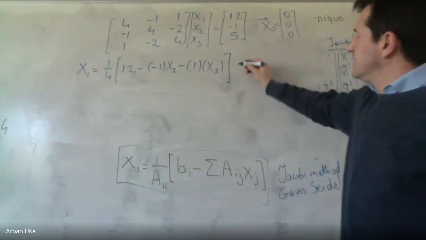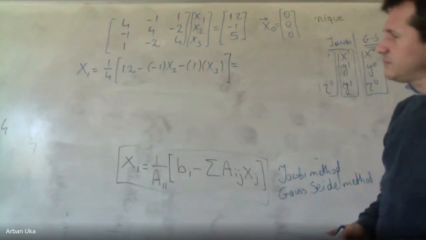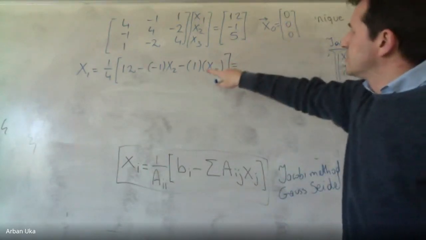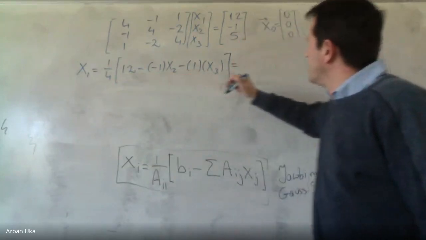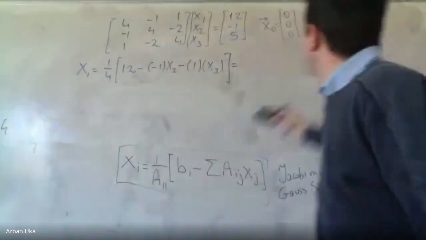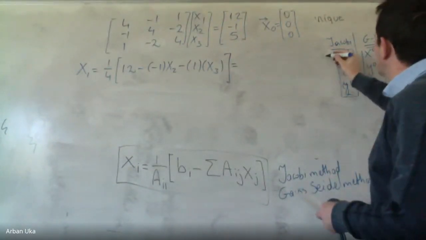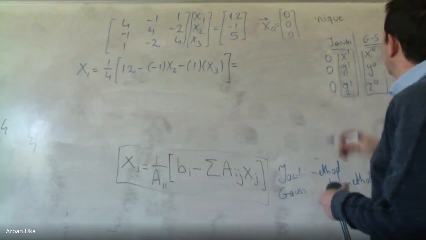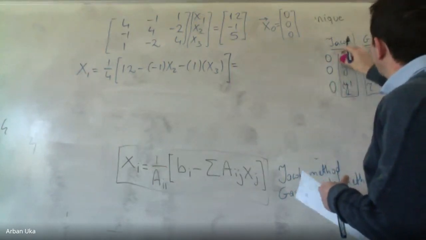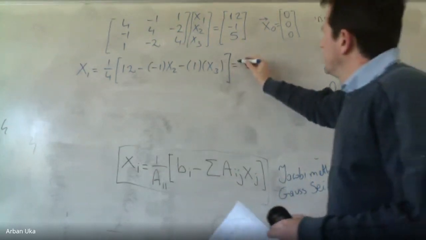If we substitute the zeros here, we get 12 over 4, so x1 is 3. So if it is Jacobi, this is 0, 0, 0, and x1 prime, we get 3.